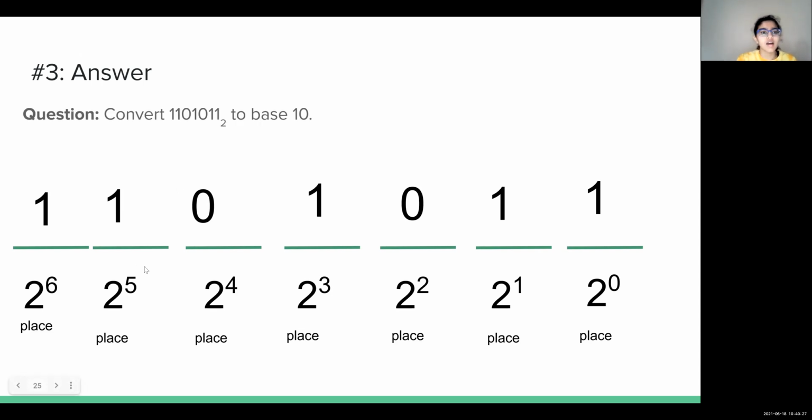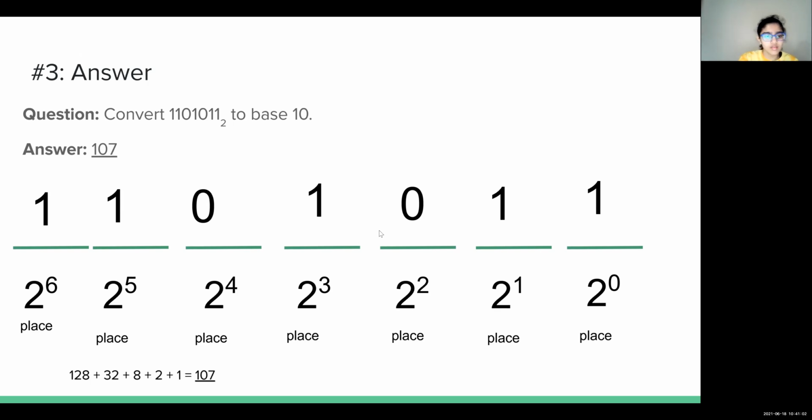The answer is 107 because 2 to the power 6 is just 64. 64 plus 2 to the power 5, or 32, is equal to 96. Then you add 8, or 2 to the power of 3, and you get 104, and then you add 2 and you get 106, and then you add 1 and you get 107. So yeah.